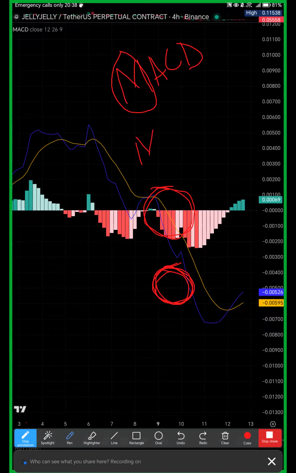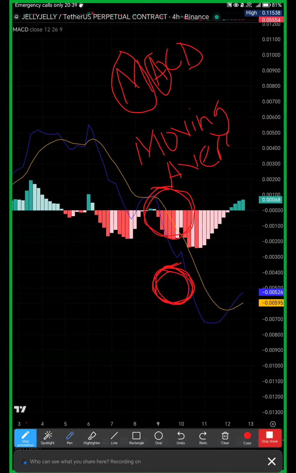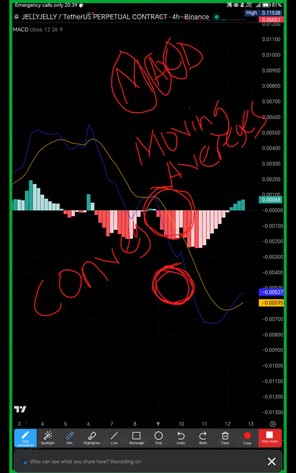The A stands for averages. So we do have moving averages. These moving averages normally converge, and the C stands for convergence. So we do have moving averages that converge.